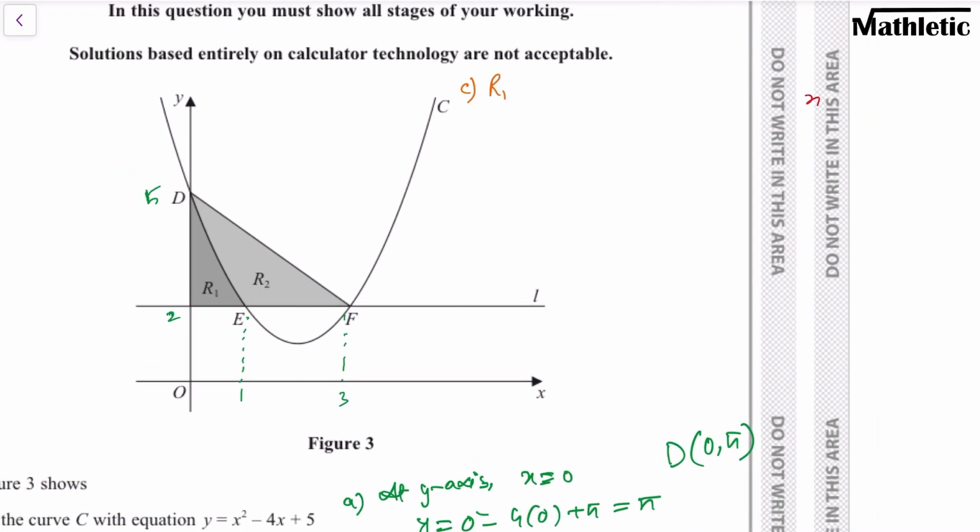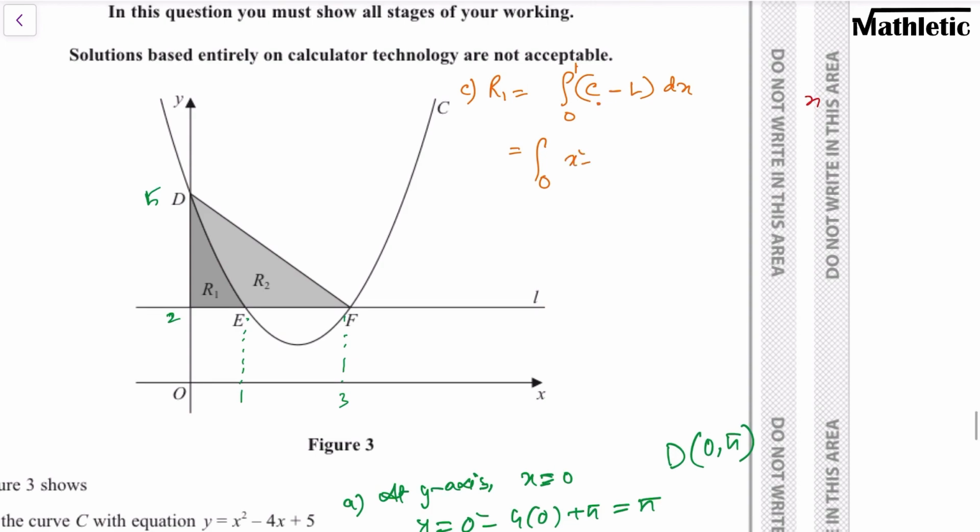So R1 is the integration of curve minus line. And what about the limit? The limit is 0 and 1. The equation of the curve is x square minus 4x plus 5.